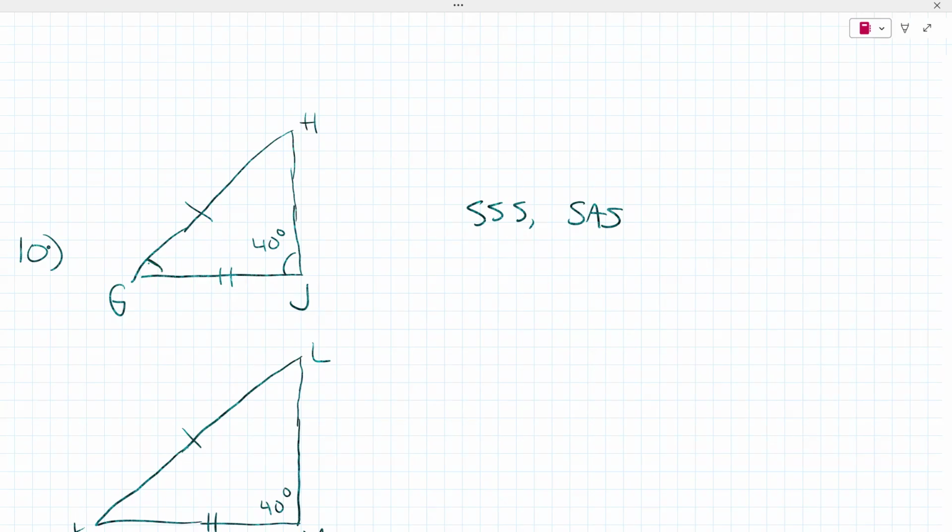If the angle was angle G, because that would make it between the two side lengths, but no. So this is going to be no. This angle is not between the two side lengths.